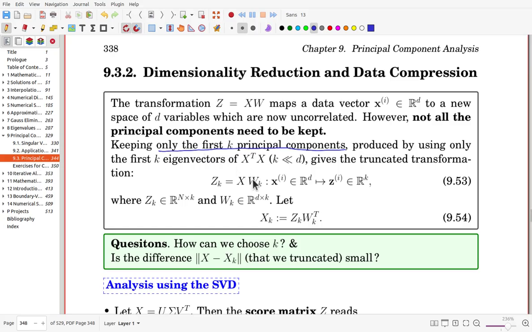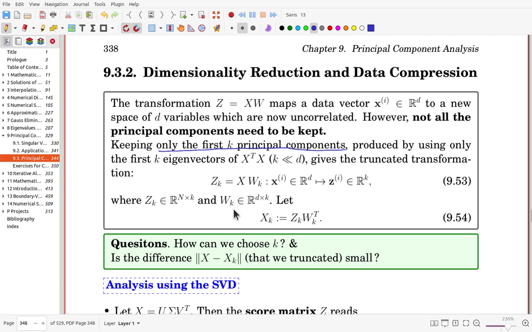For example, rather than using the whole weight matrix, we select only K columns of W. Then the score matrix will have only K columns, so the dimension is shrunk from the original D-dimensional space to K dimensions. Sometimes the dimension D is larger than 100, larger than 1000, but in some cases we can choose a very small K around 10, and we can get a good approximation. That's the idea of data compression.